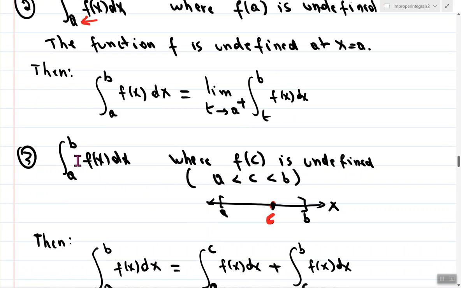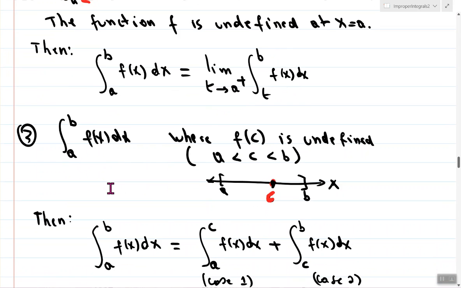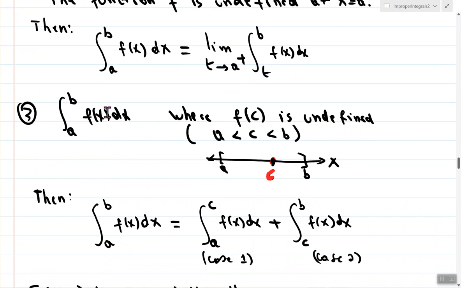Case 3 is basically when the function f of x is undefined at a number between a and b. Let's call that number c, somewhere between a and b, where the function is undefined. That makes us split this one integral into two integrals: the integral from a to c plus the integral from c to b.